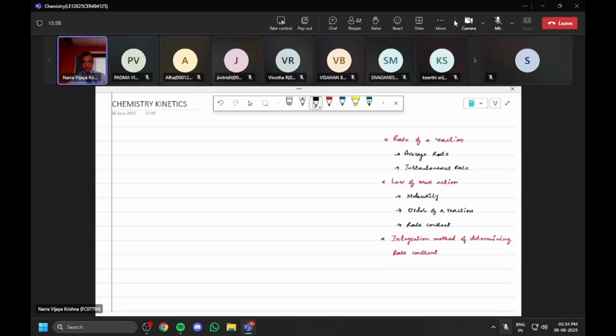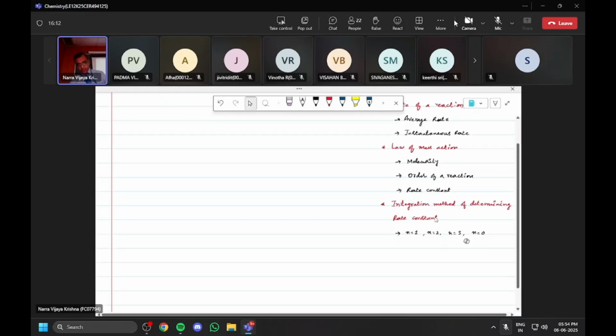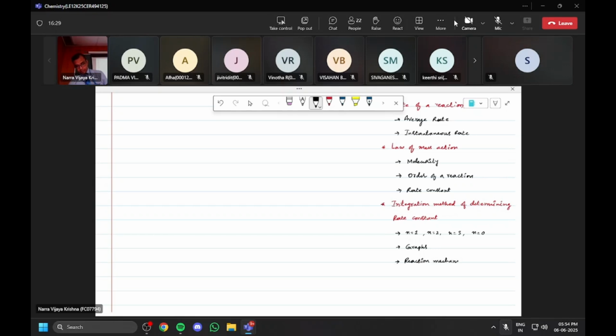After that, we will see first order reactions, second order, third order, zeroth order reactions, right? And with respect to graphical representation. And there we will see reaction mechanisms also. Right? Versus order.